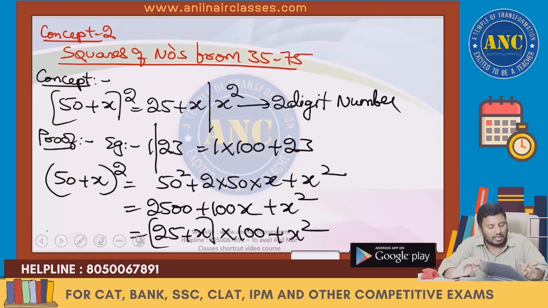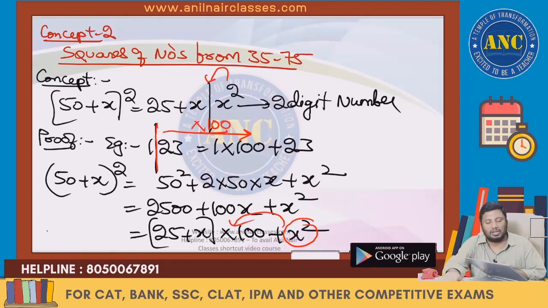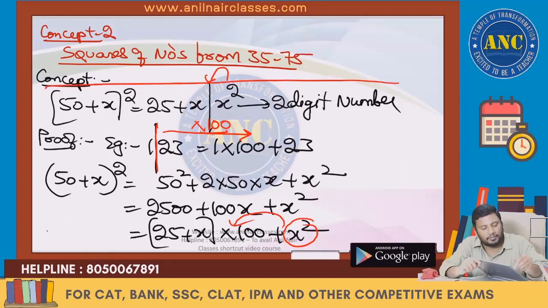X square is in 2-digit format. Before 2 digits, if I keep a slash, the value is into 100. Please write down.